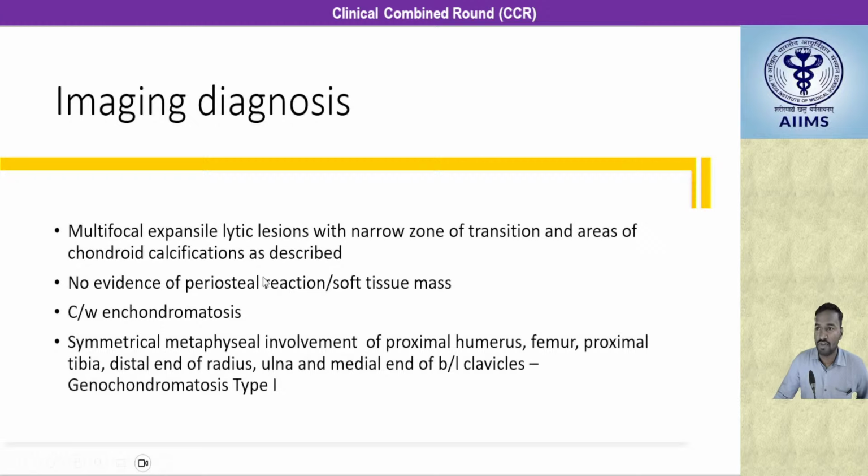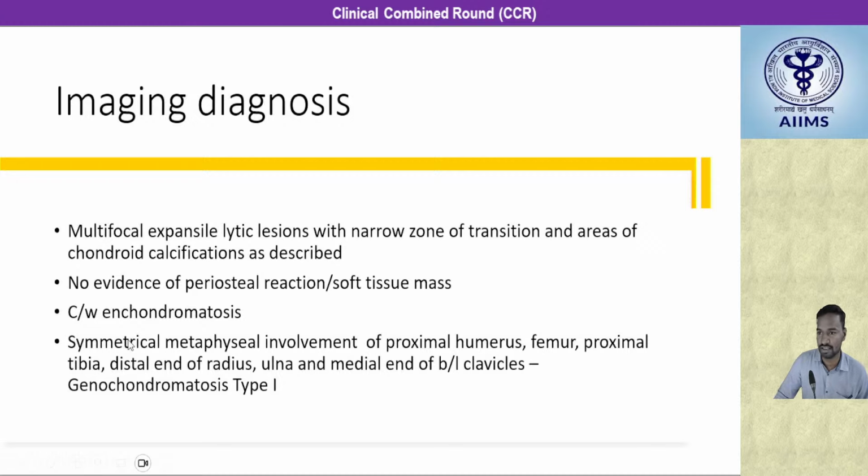So, multifocal expansile lytic lesions, predominantly in the metaphyseal aspect, with a narrow zone of transition and areas of chondroid calcification. No periosteal reaction, no soft tissue component noted within the lesion. So findings are consistent with multiple enchondromatosis, and there are a few subtypes of enchondromatosis described.